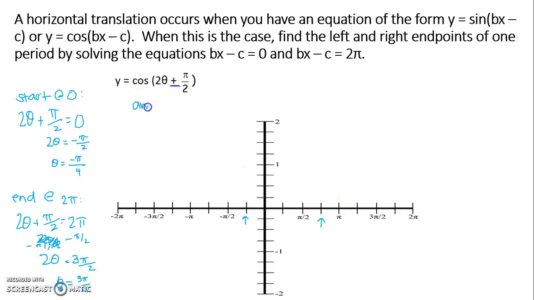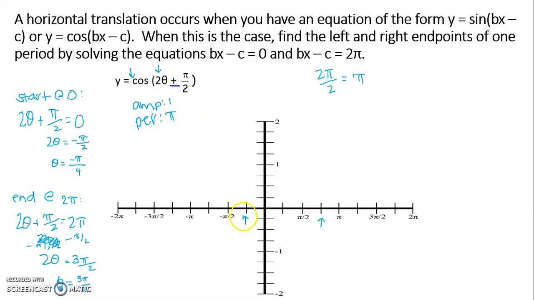Make sure you always look at your amplitude and your period. Amplitude comes from whatever number is in front of that sine or cosine function. In this case, that's just 1. For period, you're looking at whatever number is being multiplied to the theta. So period would normally be 2 pi, but I have to divide it by 2, so I'm getting just pi.